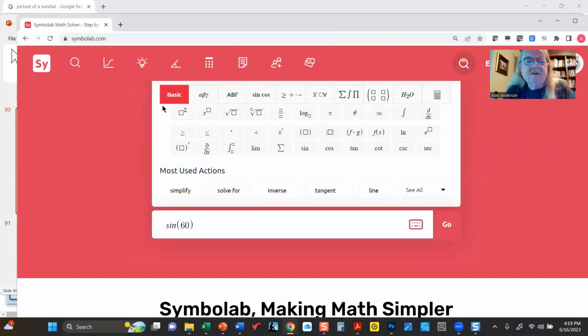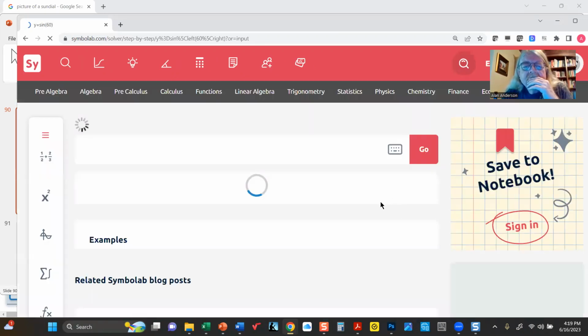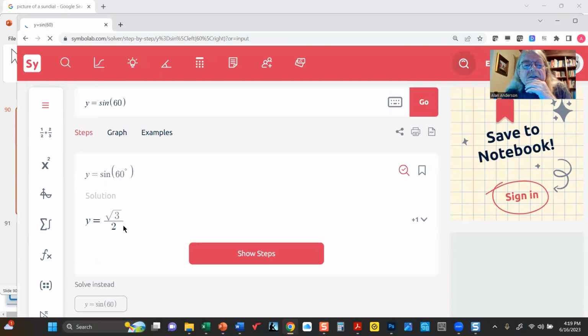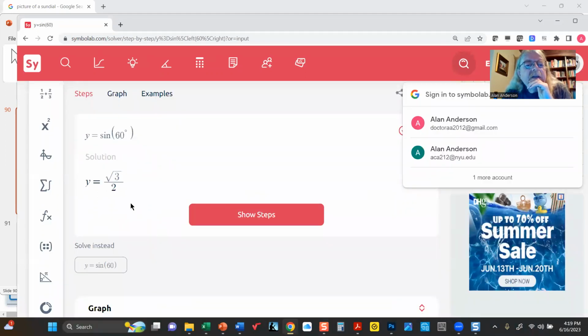I think I was supposed to say y equals. Oh, see, now that's good. I mean, it does say radical 3 over 2. So that way, and if you need the decimal equivalent, you can do it yourself. So this is good to know.